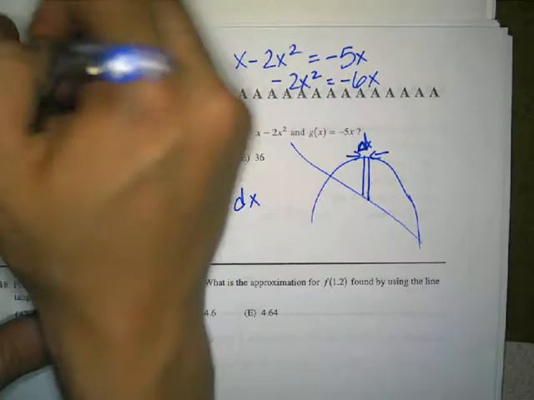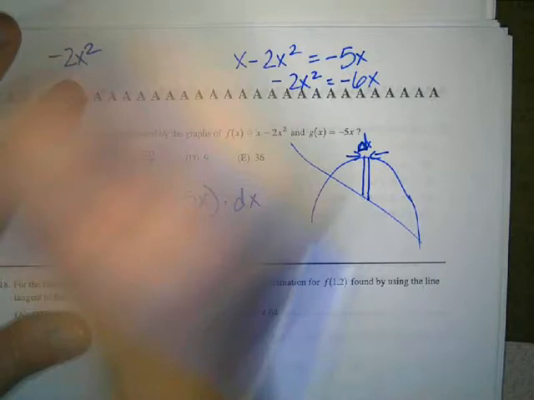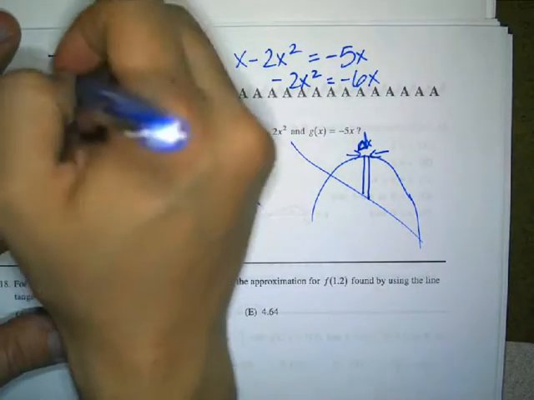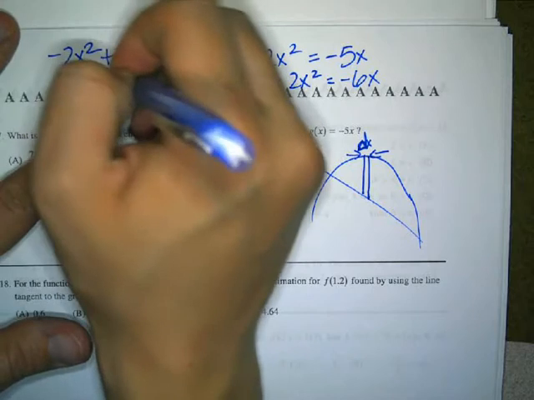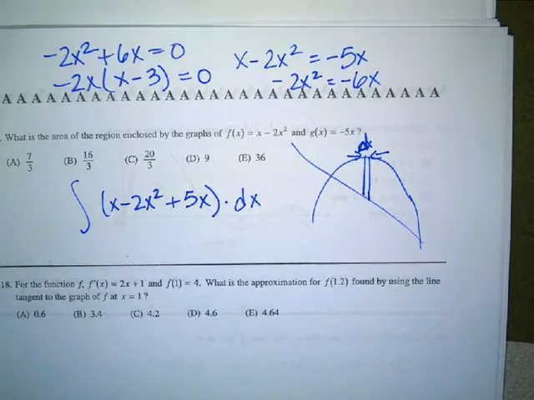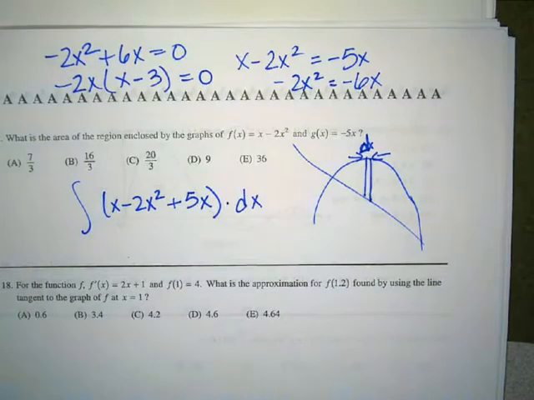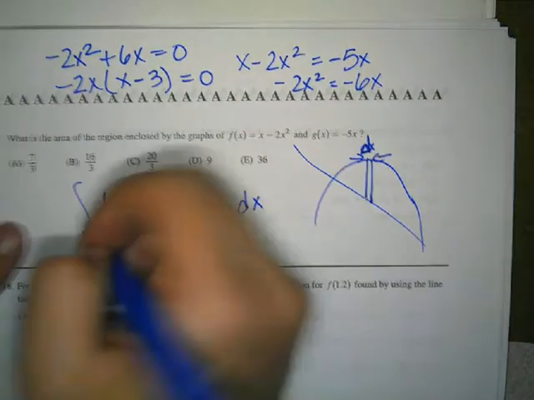So I get negative 2x squared plus 6x equals 0. Pull out a negative 2x, and I get x minus 3. And so my two boundaries where they intersect are 0 and 3.